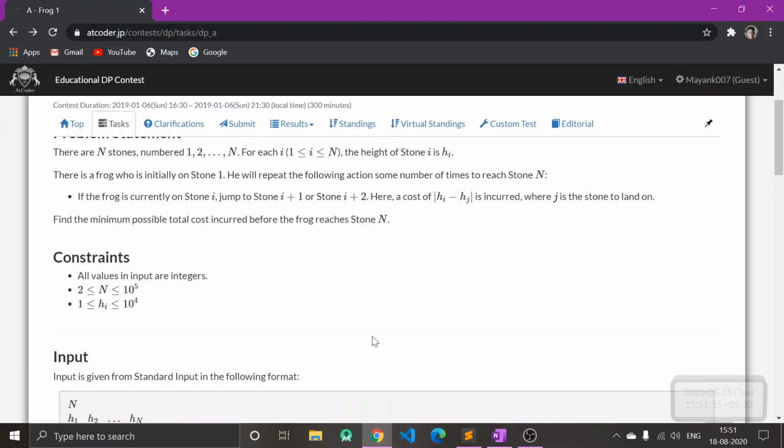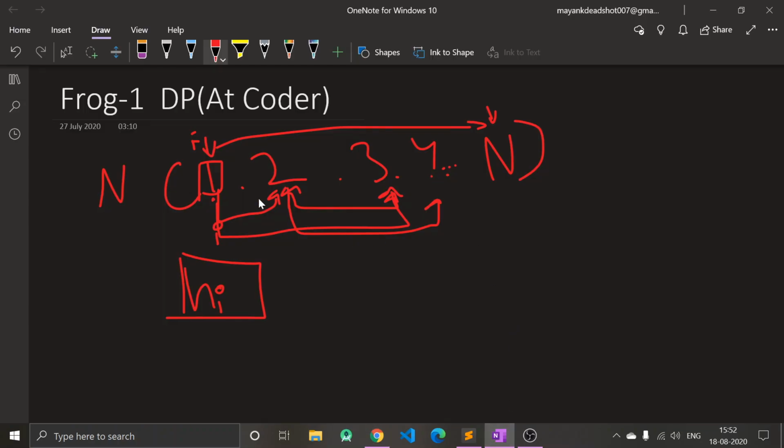So what is the cost here? The cost is based on the height of the initial stone and the height of the destination stone we are going to jump to. Suppose we are going to jump from 1 to 3.